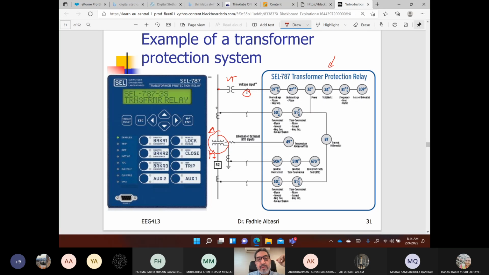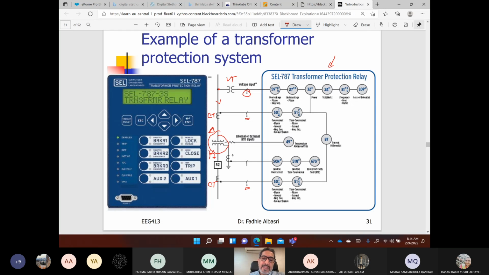Now this is also a CT, current transformer, which provides the current flowing at the delta side of the transformer. So I need 3 CTs as input, one for each phase. At the star side, I also have a CT, which provides 3 CTs, one for each phase, given to this relay.